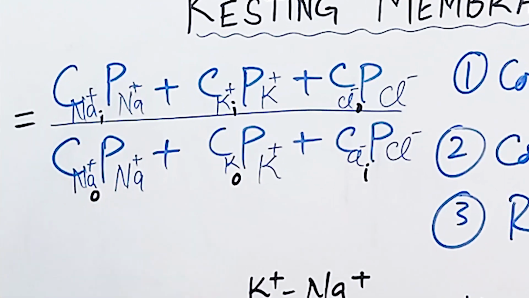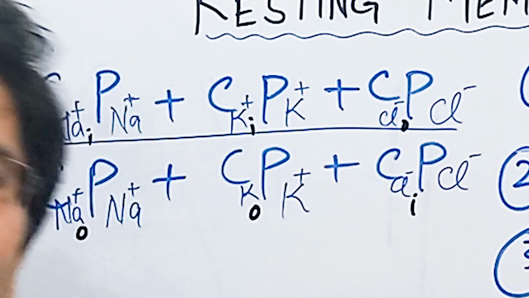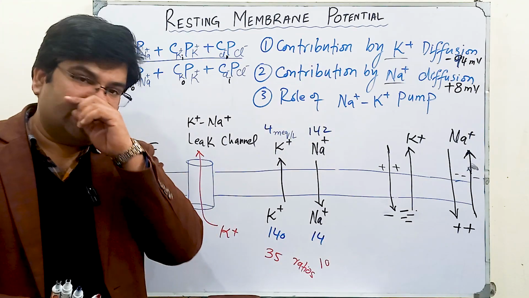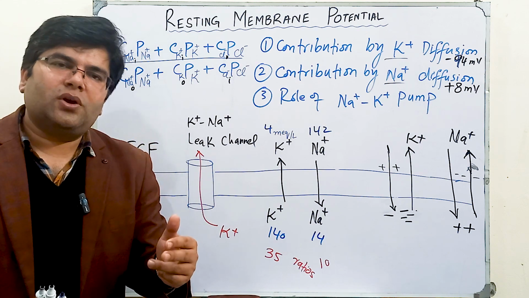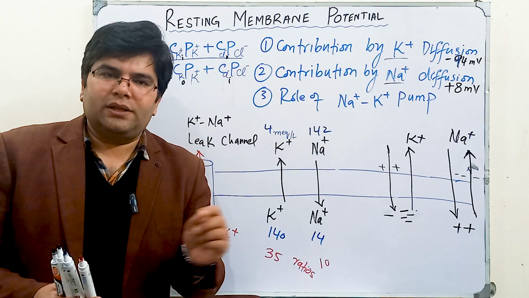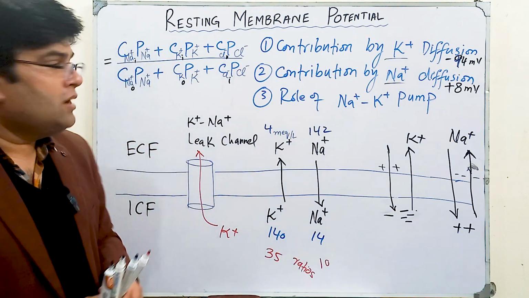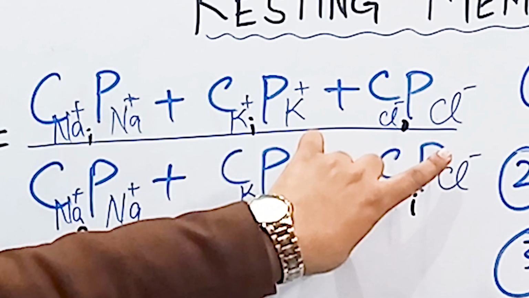According to Goldman equation, for each specific ion, two factors are responsible for its contribution to the generation of resting potential. One is the concentration difference of that specific ion inside and outside of the cell, and the other one is the permeability for that ion to pass through the cell membrane. Here three ions have been considered: sodium, potassium and chloride.